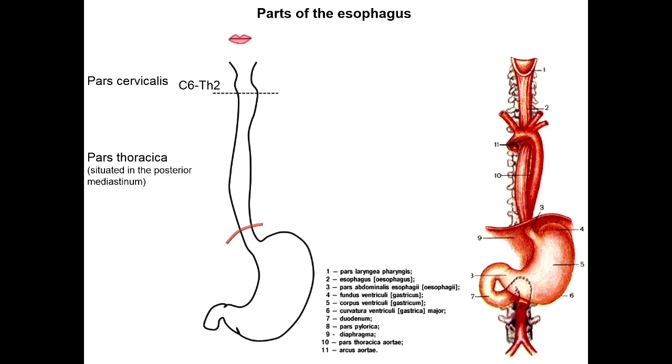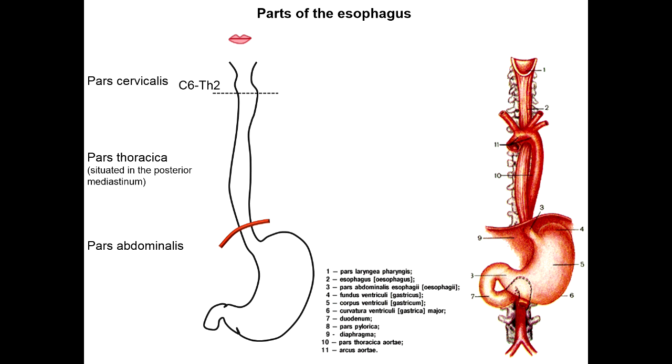Then the next or third part of the esophagus is pars abdominalis. Again, a quite short part of the organ, which is situated in the abdominal cavity.